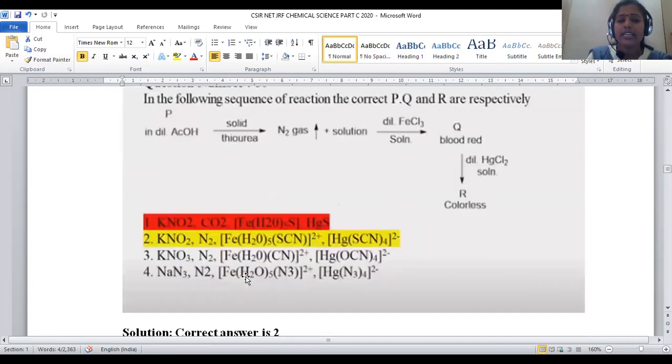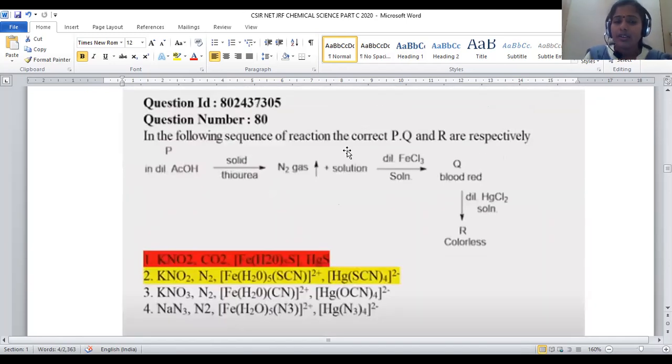Let us move on to question number 80. In the following sequence of reactions, identify P, Q, R respectively, right? Compound P was given, which is dissolved in acetic acid and treated with solid thiourea. Nitrogen and one of the solutions is liberated.